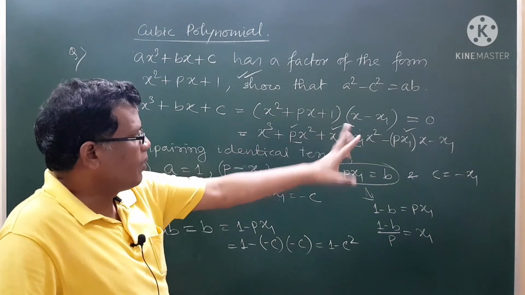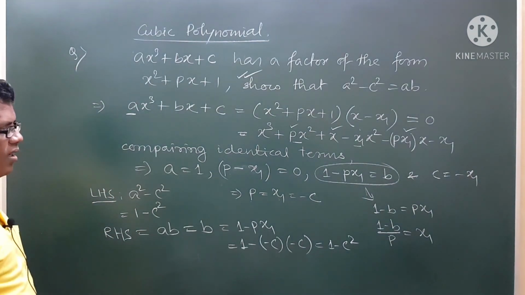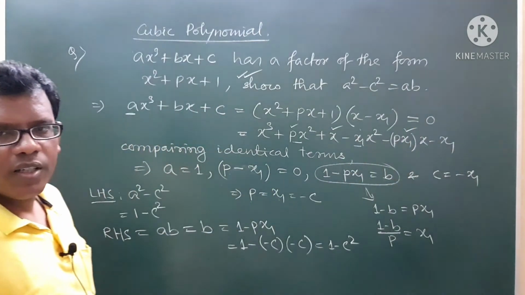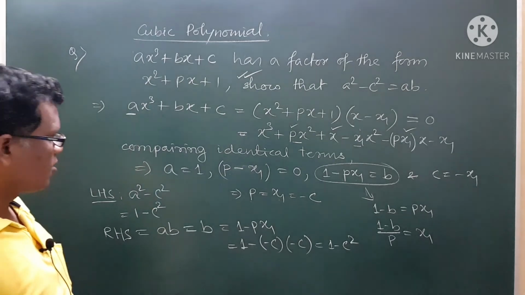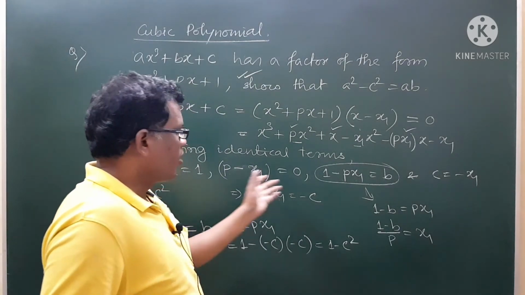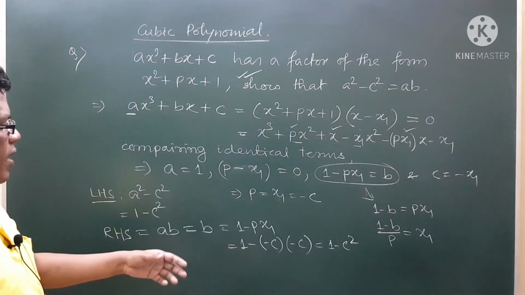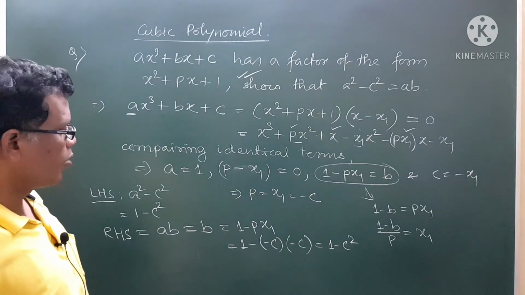Then simplifying the RHS part, multiplying the factors together and simplifying it in the decreasing order of x, then comparing LHS with RHS, we got a few equations from where we got the relation of x1 equal to p.